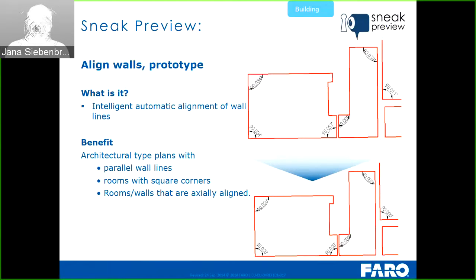As the name says, it's intelligent automatic alignment of wall lines inside floor plans. Your benefit is that you get architectural-type plans quite quickly, with parallel wall lines and rooms with square corners, and also rooms and walls that are actually aligned.